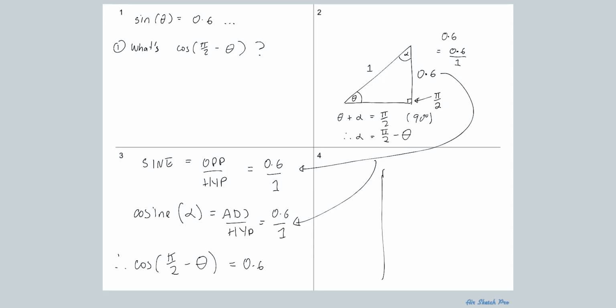Let's put that down as a general statement. In general, the sine of theta is equal to the cosine of pi on 2 minus theta. This is called a complementary angle relationship, because theta and pi on 2 minus theta are complementary to each other.